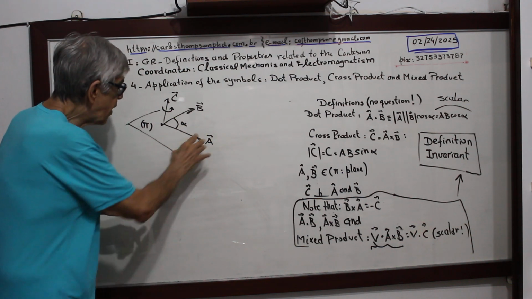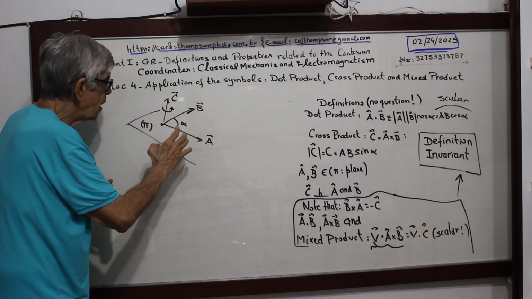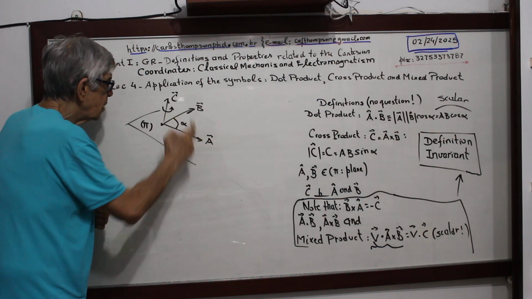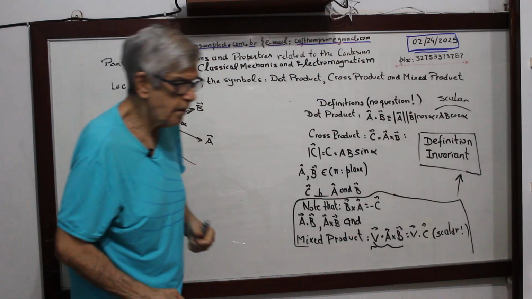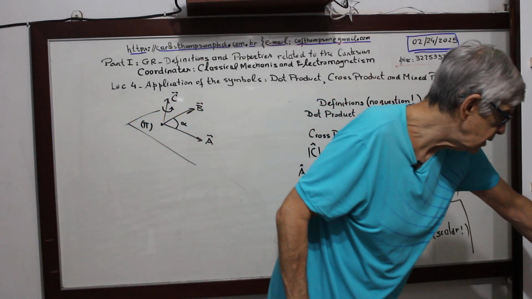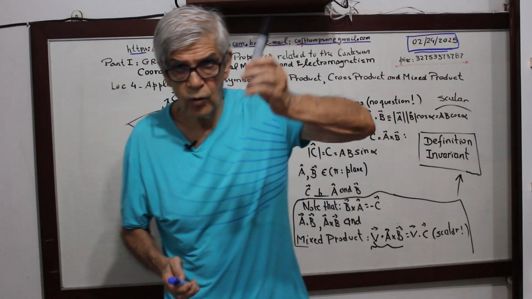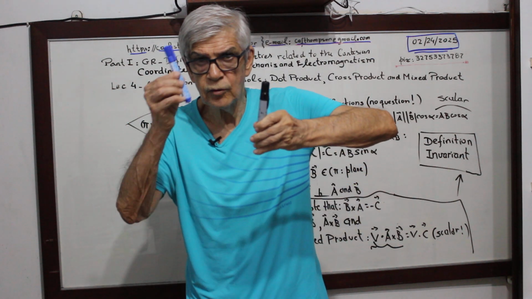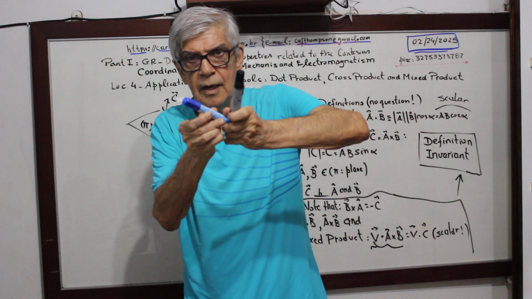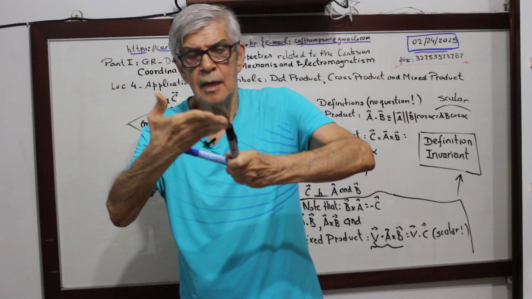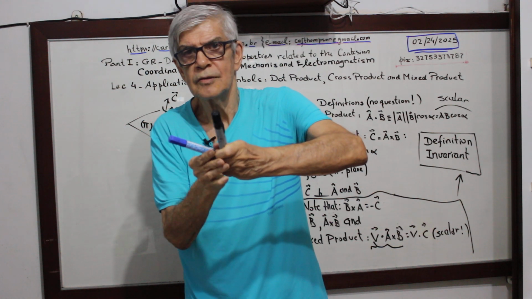So vectors A and B characterize a plane that contains these two vectors. I'll give an example just for you to understand. I have vector A, I have vector B. There is only one plane that contains these two vectors.